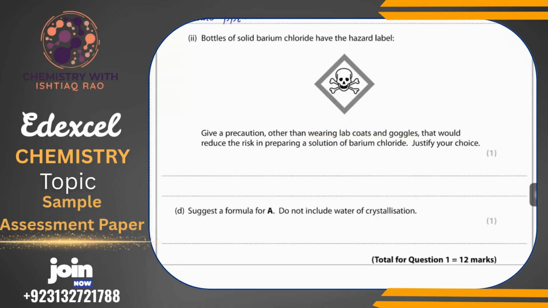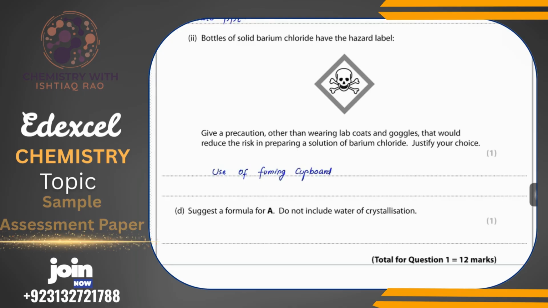What they are asking, give a precaution other than this. So you are saying the fume cupboard, to prevent breathing in the toxic gas. Right? Yeah, that's it. So 1 mark.